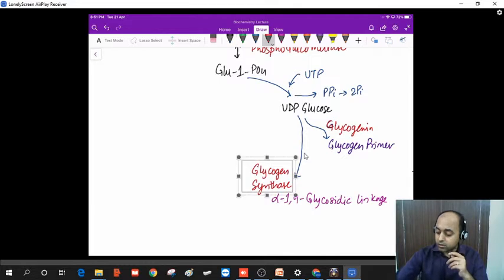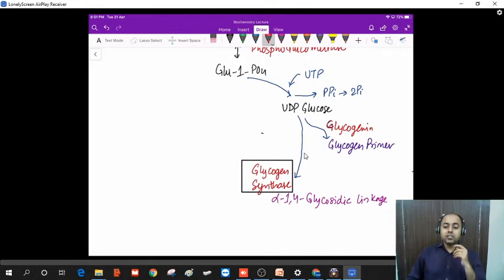So glycogen synthase will attach the UDP glucose to the glycogen primer, and this linkage is via alpha 1 4 linkage. The glycogenin is the support also, it is the enzyme also.